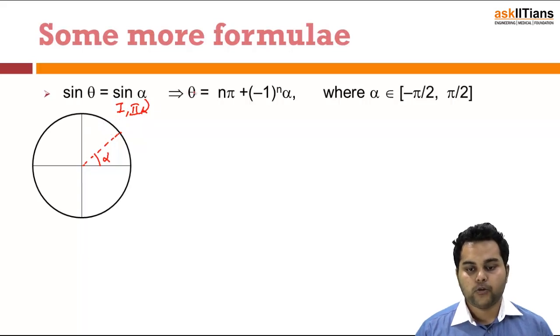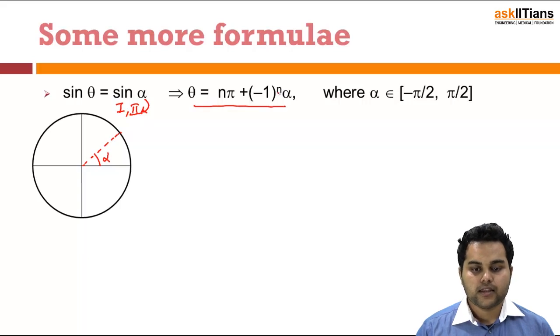Now look at the formula, n pi plus minus 1 raised to n alpha. What does that mean? It actually defines the two quadrants, the first and the second quadrant.